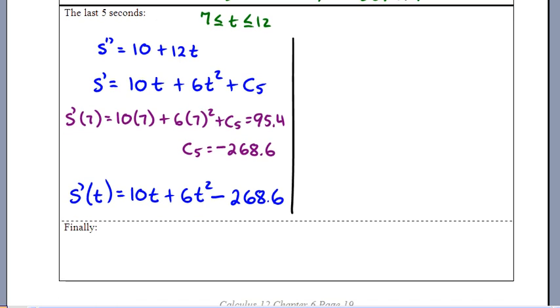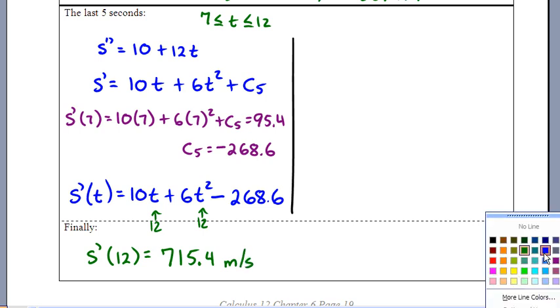I can use that to figure out how fast this rocket's going at 12 seconds at the end of the story. I would now substitute 12 in for t, and when I do that, I get 715.4 meters per second. That's how fast we're going.